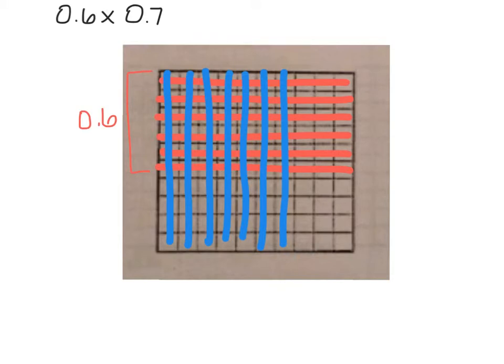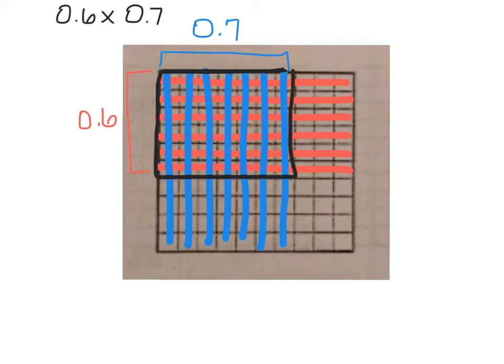And so from here to here, that represents 7/10. Okay, so you see the area where they're overlapping. That is this area right here. This is the area where the two colors are overlapping.